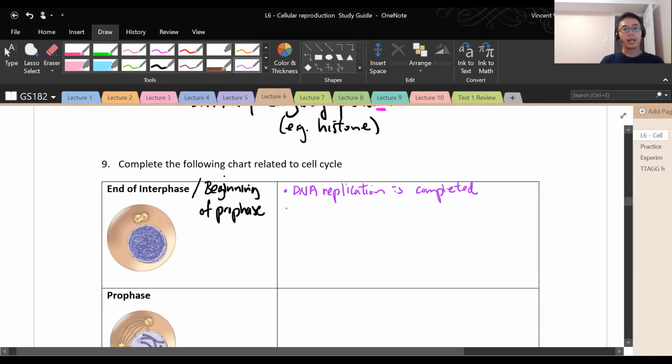And the chromatin, all this tangled stuff, starts to condense into chromosomes.